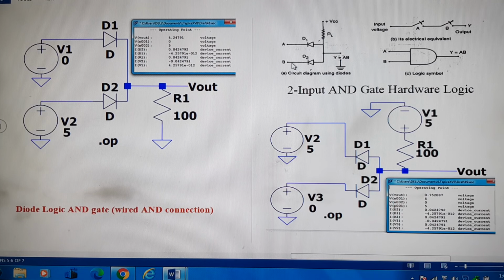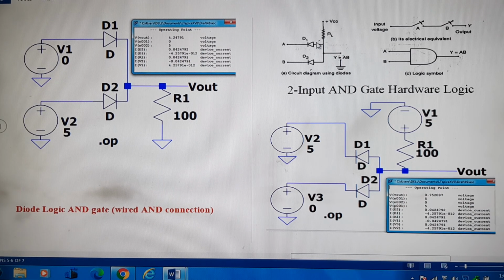If one of the inputs goes low, or it is at 0 volt, interpreted as logic 0, say A is connected to 0 volt, diode D1 conducts and the current flows through the corresponding diode D1 and through the resistor RL. Thus the diode D1 is conducting. If 0 volt is applied at the cathode, then the voltage at the anode of the diode should be 0.7 volt greater than the voltage at the cathode.